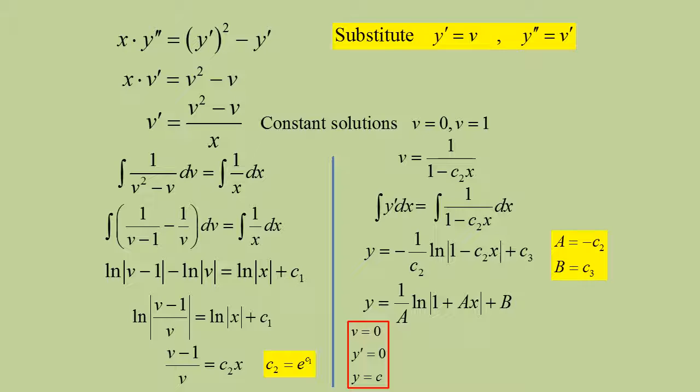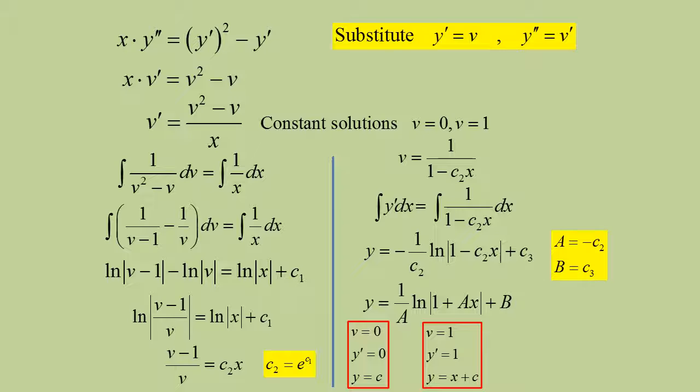Incorporating our constant solutions that we mentioned earlier, when v equals 0, that means y prime is 0. So we'd end up with just y equals some constant. Now, that is not tied up in the function that we came up with, so we would want to list that as a separate entity.